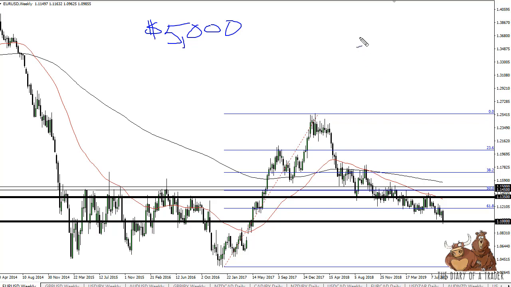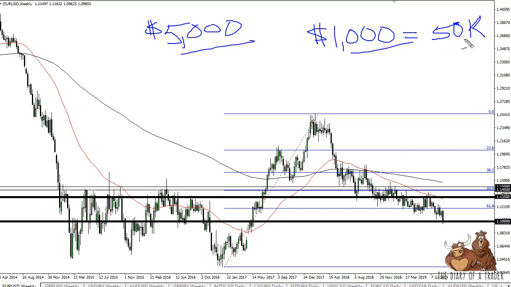Maybe only trade something along the lines of $1,000 worth of margin, which allows you to cover a 50,000 position. So that's still $5 a pip. That's still pretty healthy. And to be honest with you, this is too large too, but this is just an example. And that gives you $4,000 worth of margin to play with. So the position can go pretty decidedly against you, and you'd still be okay, at least for a while.